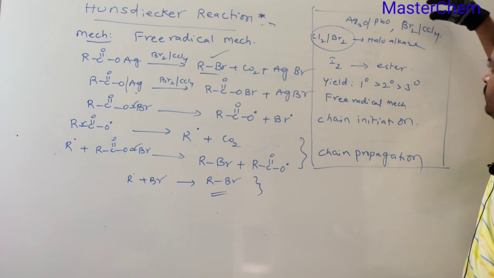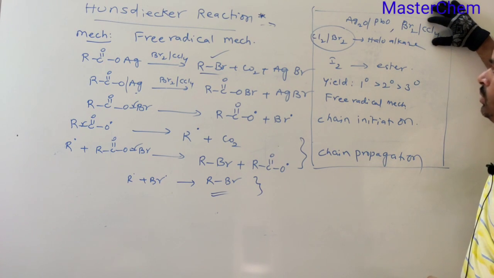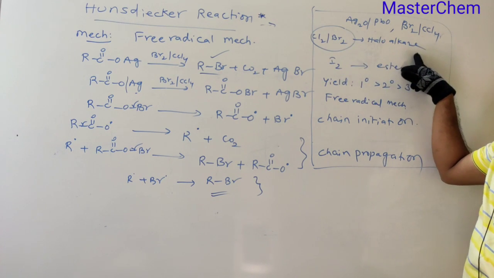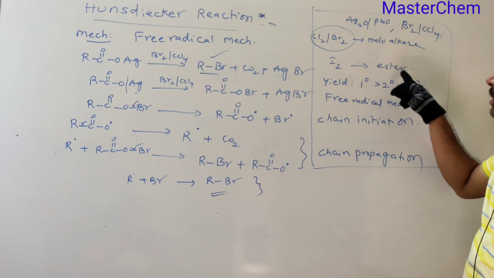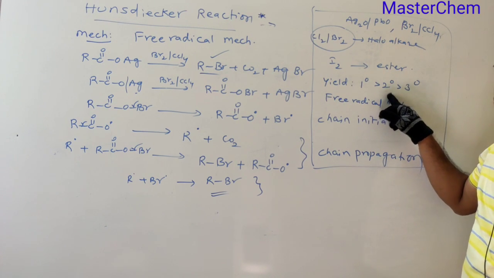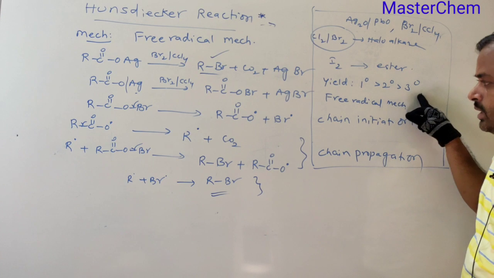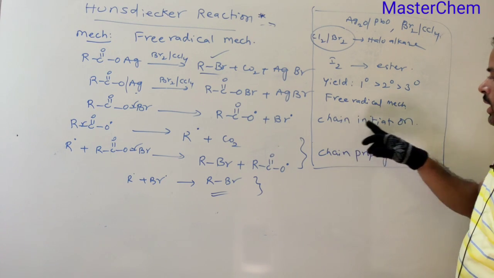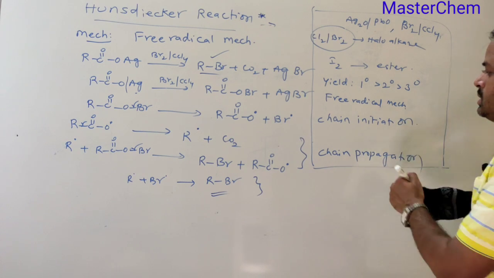The oxide and the reagent Br2 in CCl4. Chlorination and bromination lead to the formation of haloalkane, iodination leads to the formation of ester, and the yield of primary alkyl halide is greater than secondary, which is greater than tertiary, and it follows a free radical mechanism. Here this is the box.